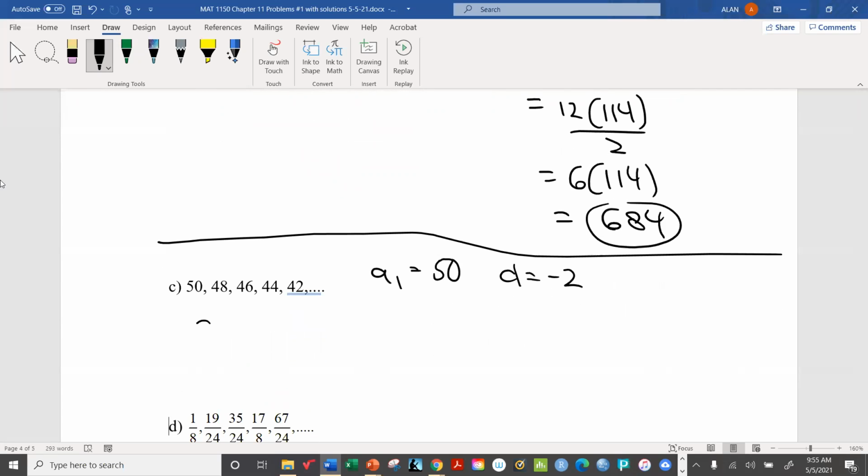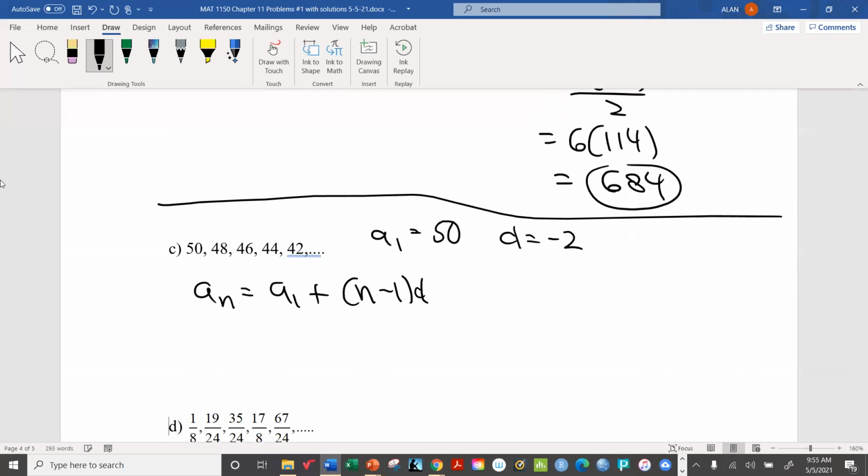And so AN equals A1 plus N minus 1 D. A12 is 50 plus 12 minus 1 times -2.